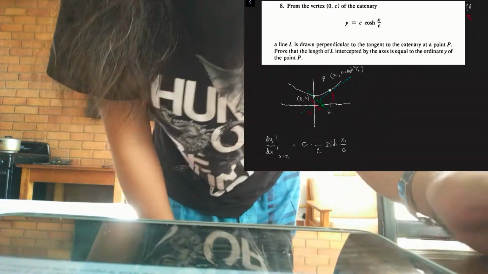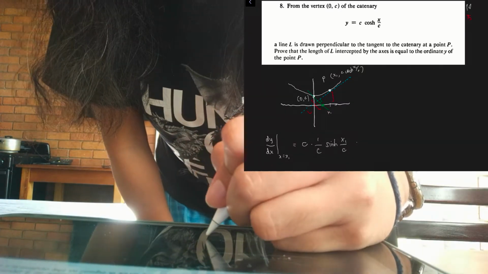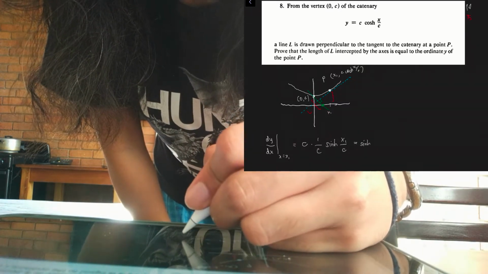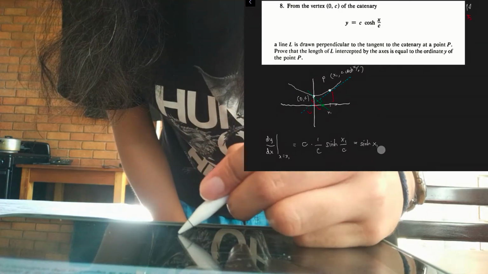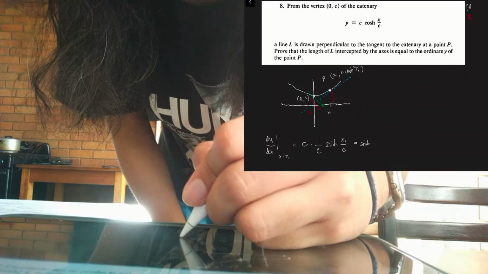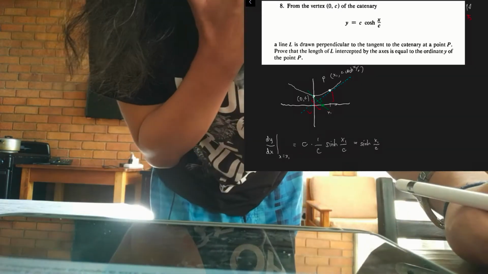Therefore that is just sinh of x sub 1 over c. Let's write that carefully, because the x over c is inside as the argument of the hyperbolic sine. So now we know the slope.